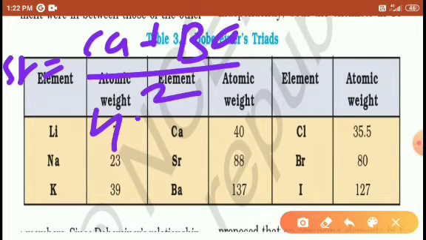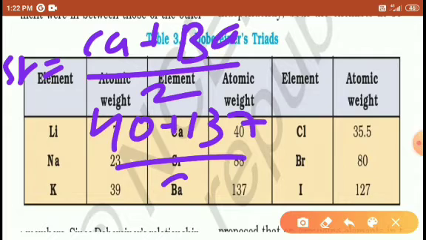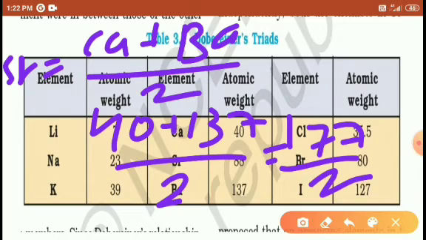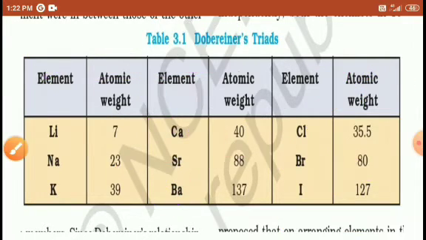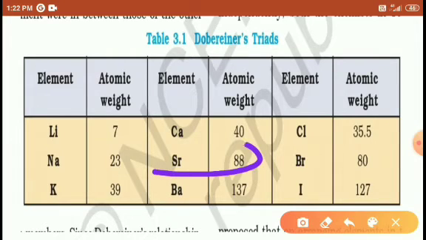So calcium atomic mass 40 plus barium atomic mass 137 gives 177, divided by 2, and we get 88.5, which is approximately equal to strontium.